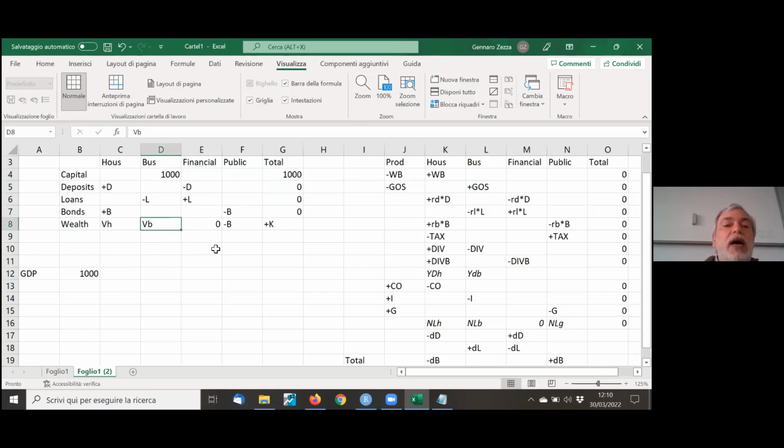So let's start by assuming that the stock of bonds of the government is, I don't know, 30% of GDP. So what I've done here is to say K is equal to GDP. Let's say that bonds are 30% of GDP.